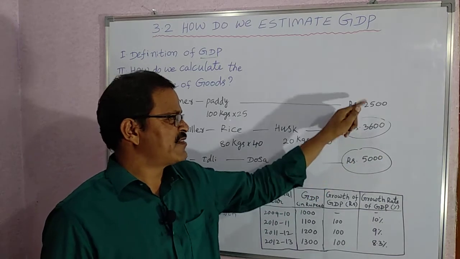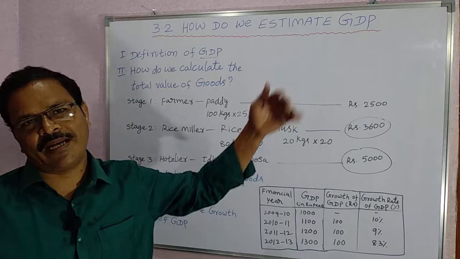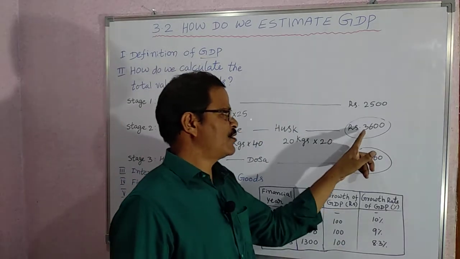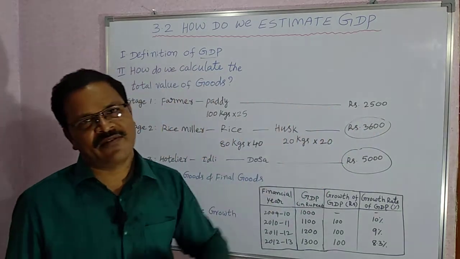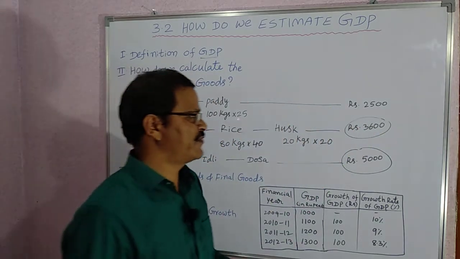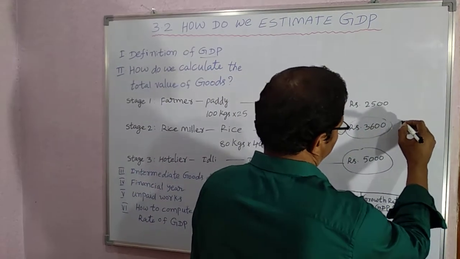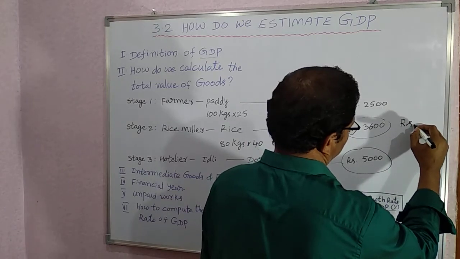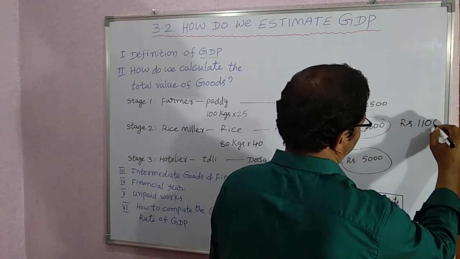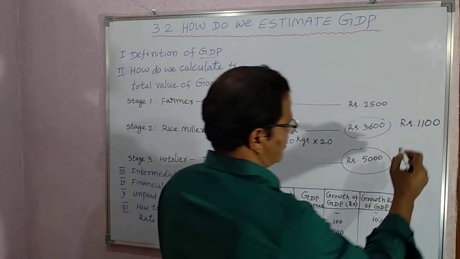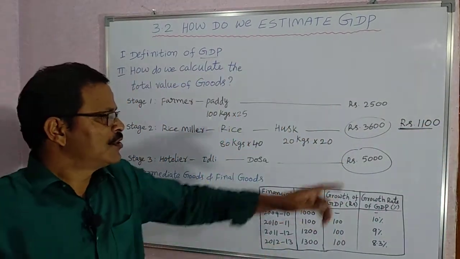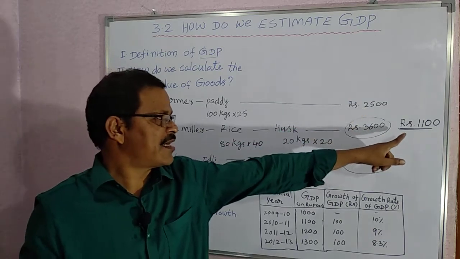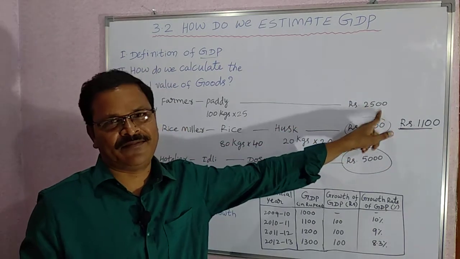What is the difference between these two values? 3,600 rupees minus 2,500 rupees. The difference is 1,100 rupees. This is the added value at this stage.